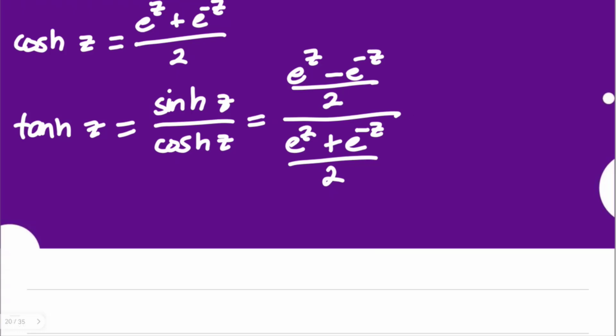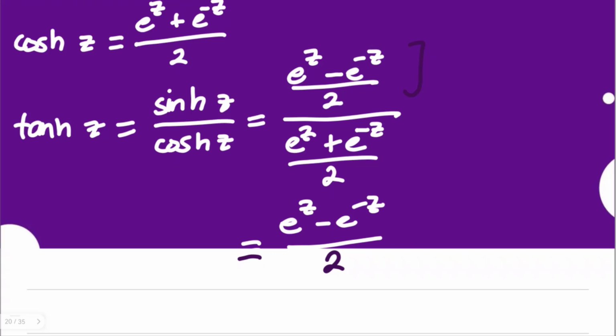Let me write it here at the bottom, and I'll be using this portion here, because I might be using two colors. But anyway, for our first, we're going to keep this as it is. So you will have here e to the power of z minus e to the power of negative z all over 2.